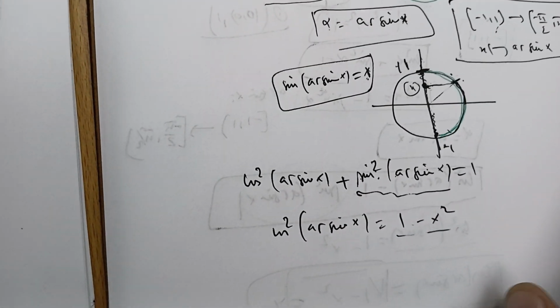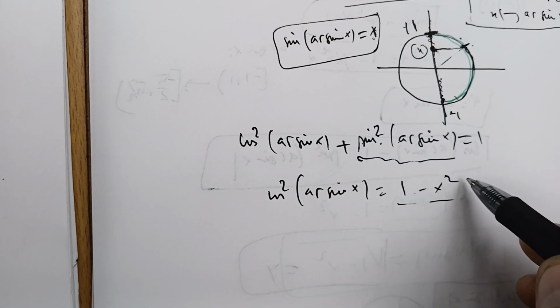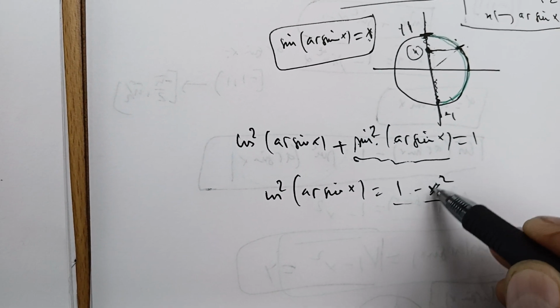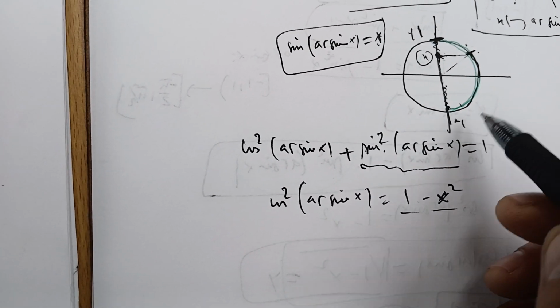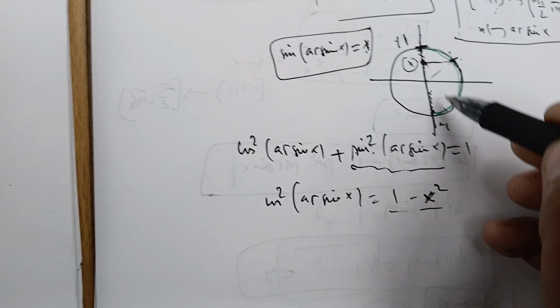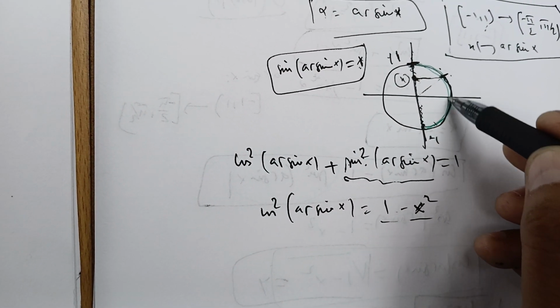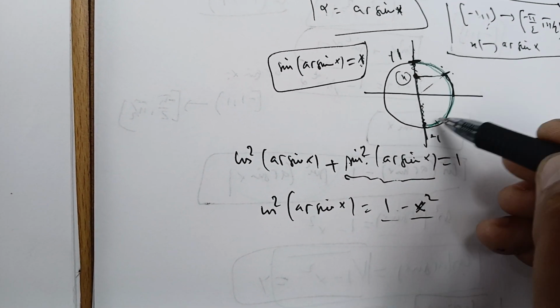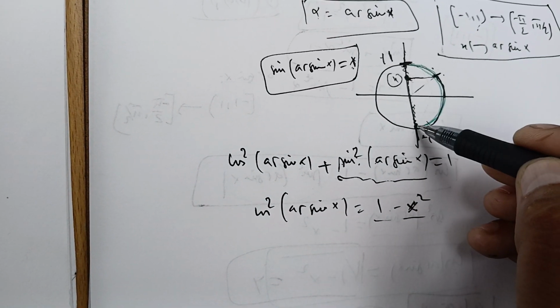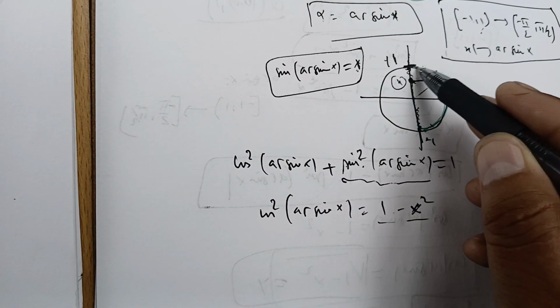Now the problem is when we want to take the square root: is it positive or negative? Remember, the arcsine is in here, minus pi over 2 to pi over 2.